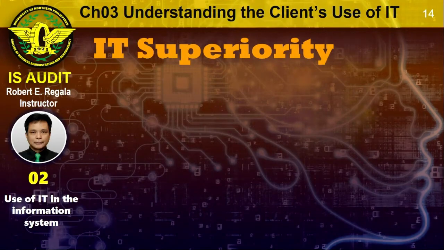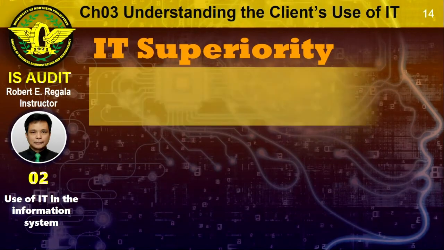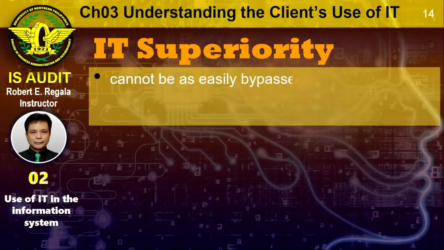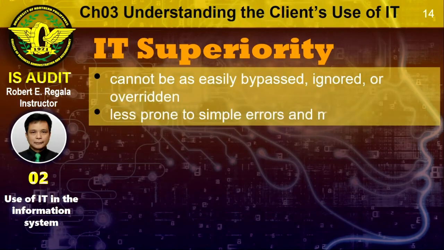IT more reliable than manual. Automated controls may be more reliable than manual controls because they cannot be as easily bypassed, ignored, or overridden, and they are also less prone to simple errors and mistakes.